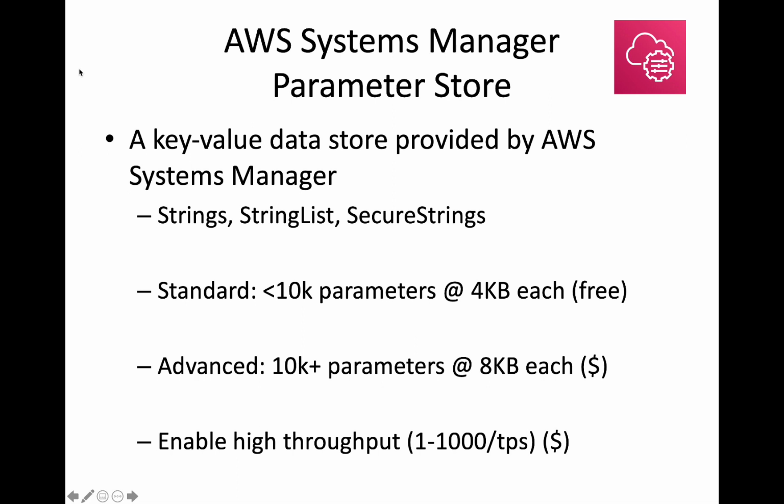If you have a really high transaction application that is sending API requests to Parameter Store frequently, then you might need to enable high throughput, which allows you to make up to 1,000 transactions per second with Parameter Store. So again, Parameter Store is a key value store.